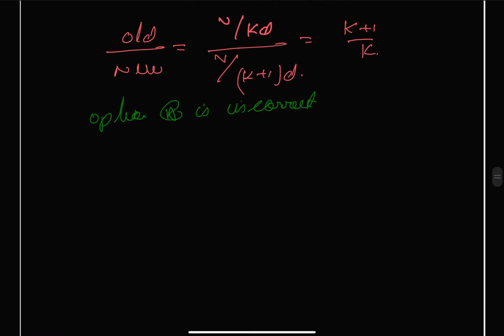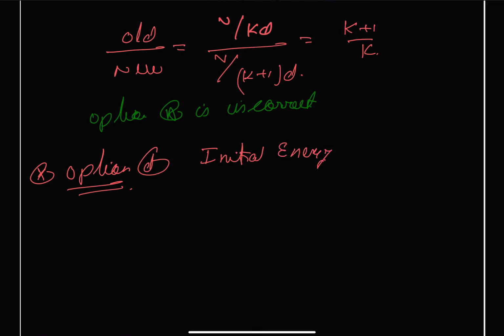So for option D, our initial energy, with respect to figure A, let us call this UA, which will be equal to half CA V square.